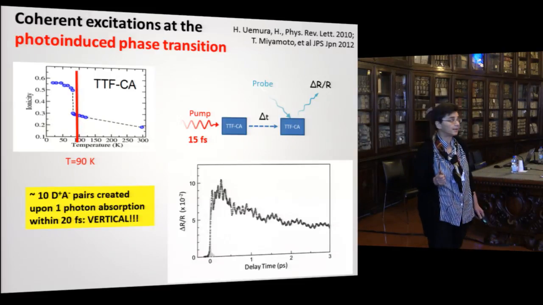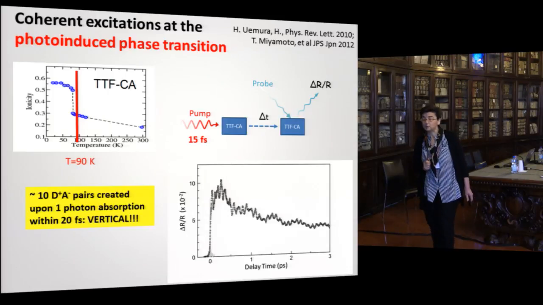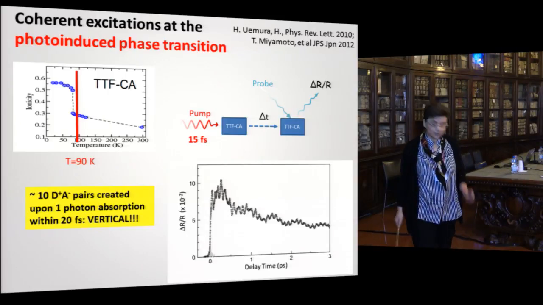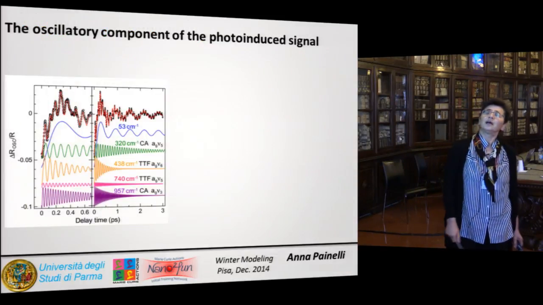So one photon moves 10 electrons. This is really impressive.